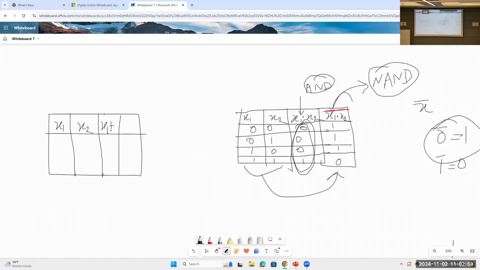We represent the OR operation using a plus sign. So let's write the combinations 0 0, 0 1, 1 0 and 1 1.